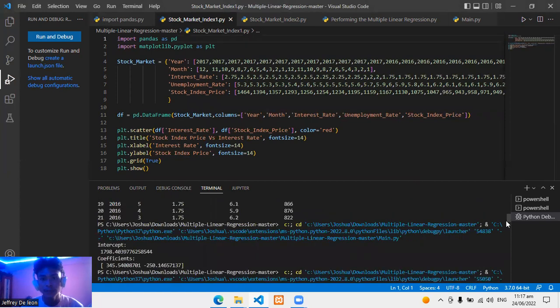By checking their linearity, we are going to install the matplotlib library using scatter diagrams. So this is the linearity relationship of our stock index price and the interest rate. To check that, i-run natin siya.